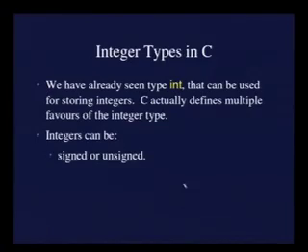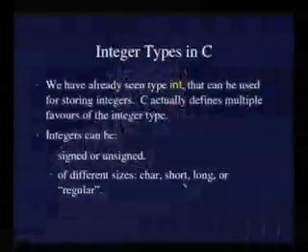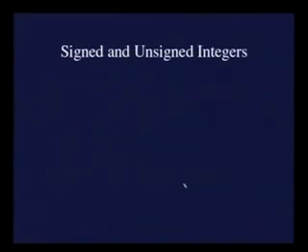So an unsigned integer variable cannot store a negative integer value, whereas a signed integer variable can store both positive as well as negative integer values. The integers can be of different sizes. These are the various sizes of integers in C: char, short, long, or the regular integer. We'll soon see what the different sizes mean and what is the practical implication of this.